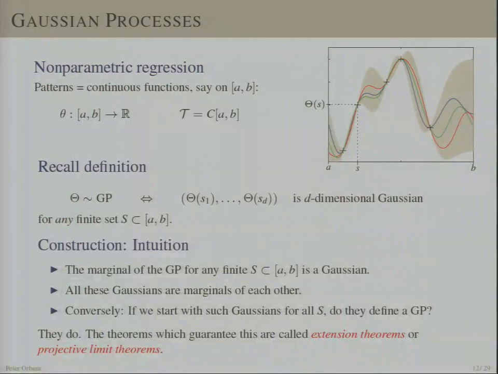Just as a warning. Basically the idea is you can define a stochastic process, so a probability distribution on an infinite dimensional object, by means of all its finite dimensional marginals. That is the basic idea. And for the Gaussian process, this is the definition that we always use for the construction.